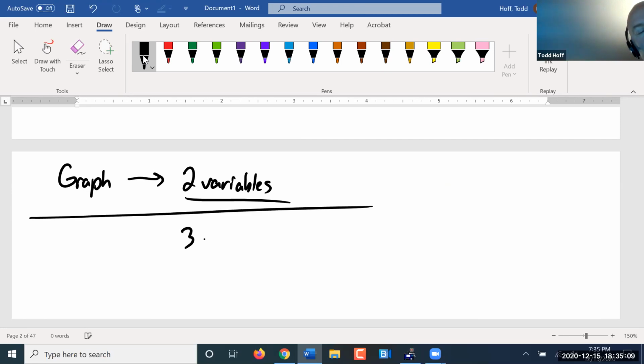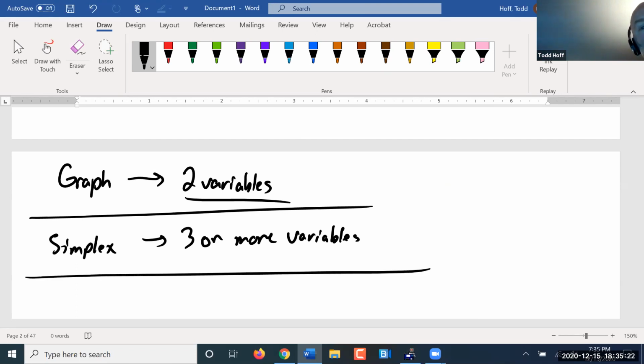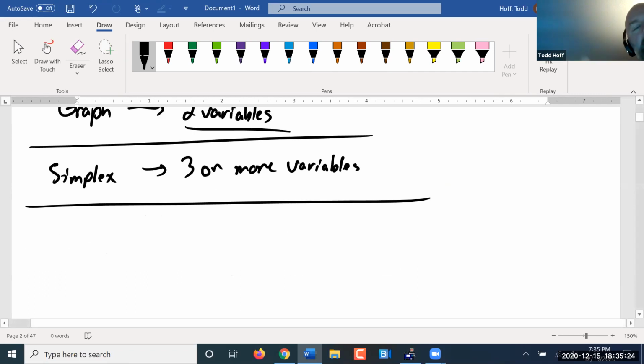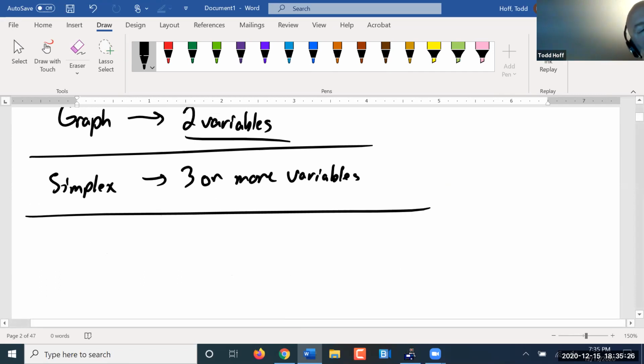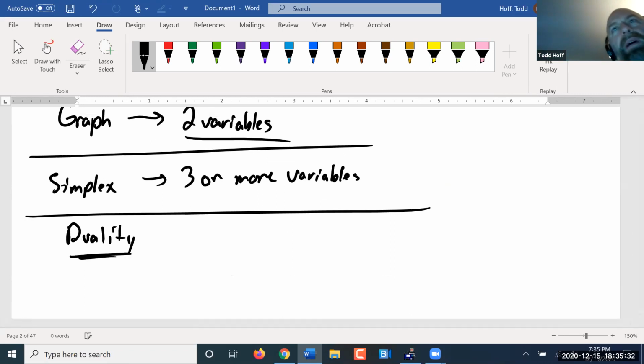If it's 3 or more, well, then you have to use the simplex method. I will give you one hint. I might be pushing it a little far here, but the one that you have to use duality, it'll say use duality to solve. It'll put that word right in the problem for you if it expects you to use duality.